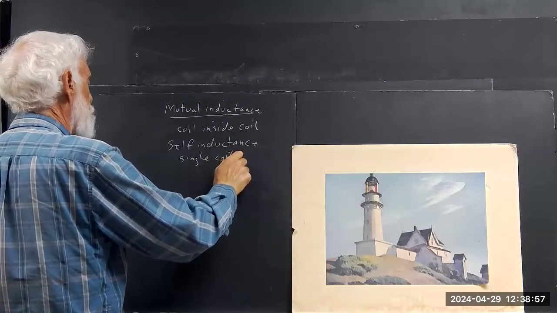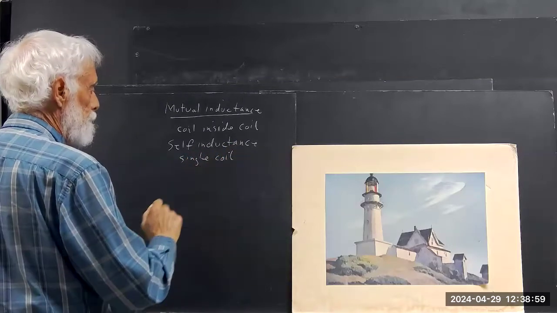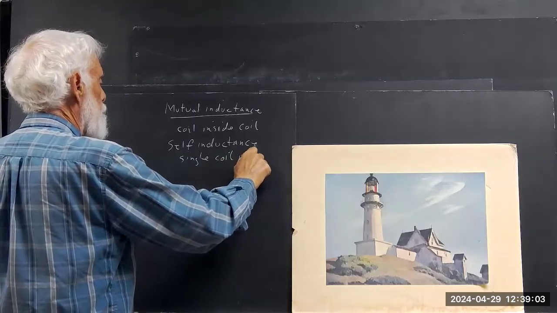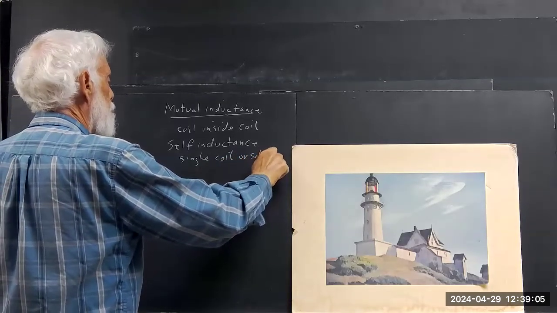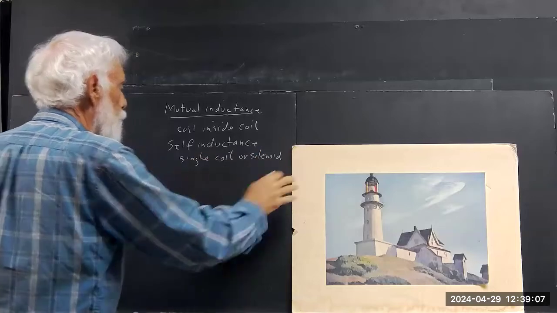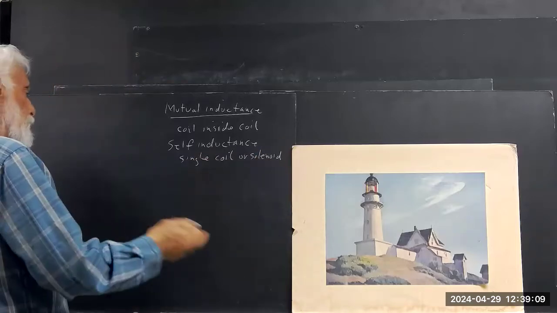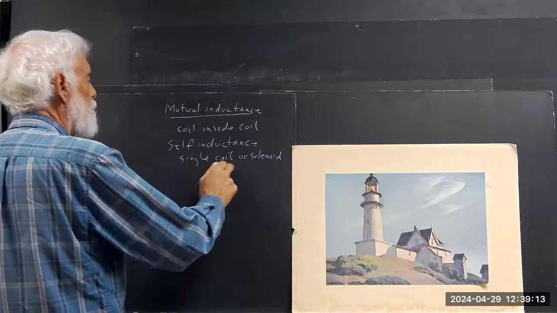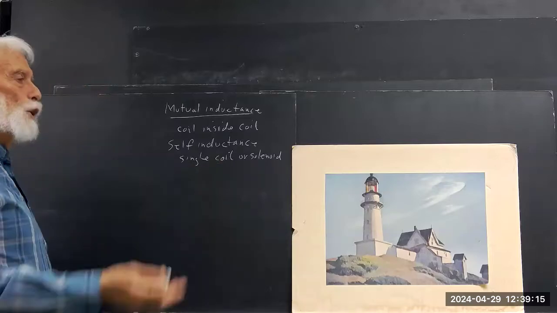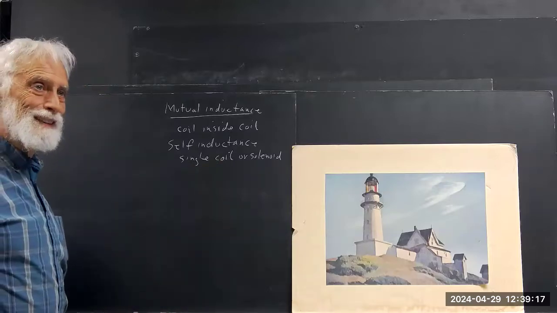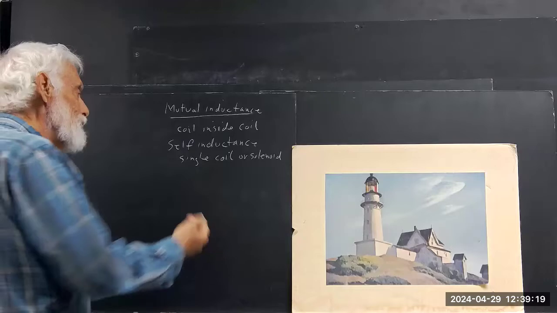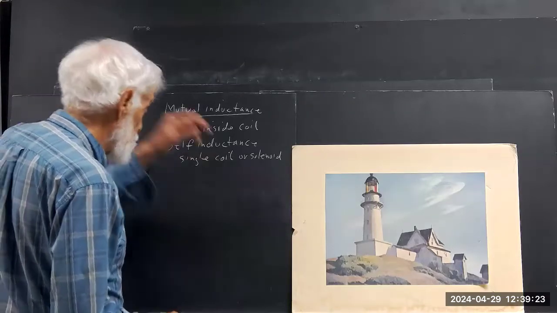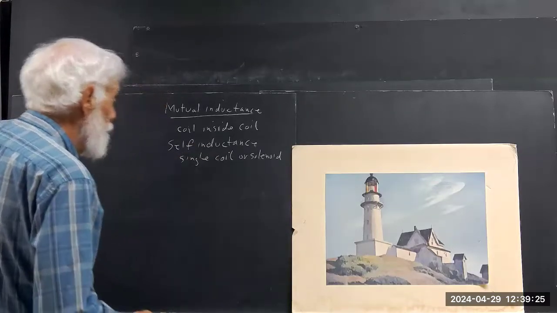Self-inductance: you have a single coil or solenoid. It doesn't have to be a coil or a solenoid, but it's probably going to have characteristics that you would think of in terms of how coily is it, how solenoid is it. At this stage, we can pretty much find our potential coils and solenoids after this course.